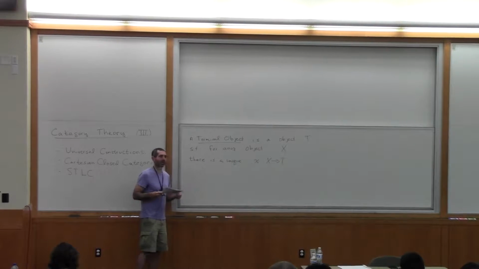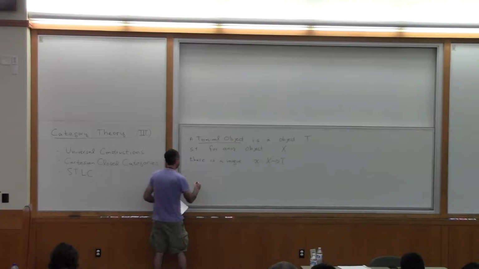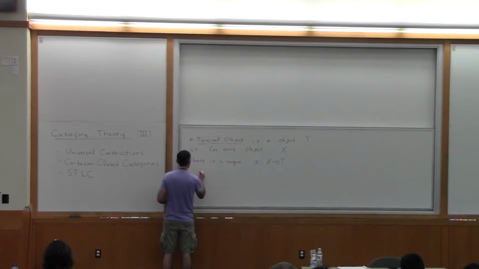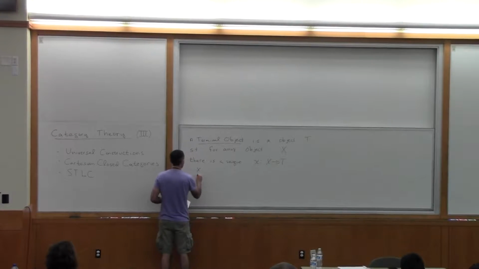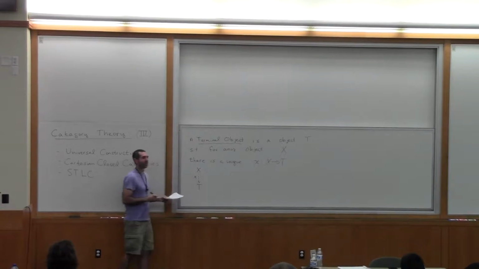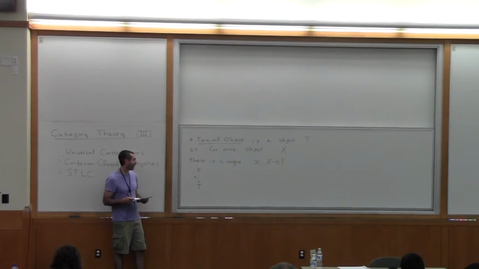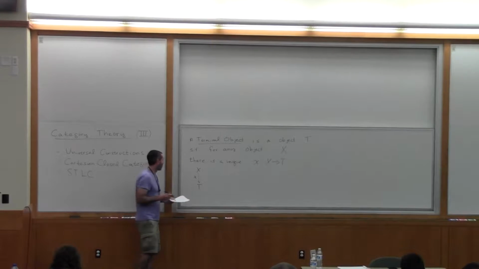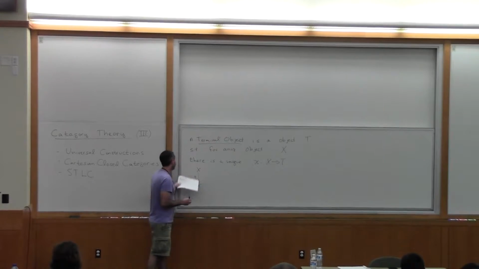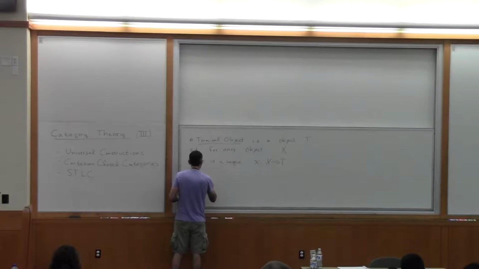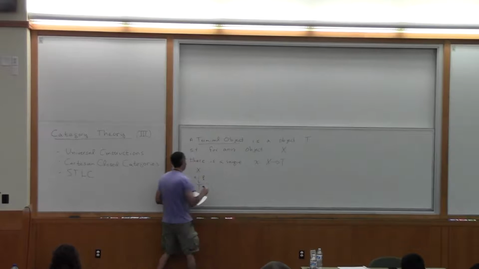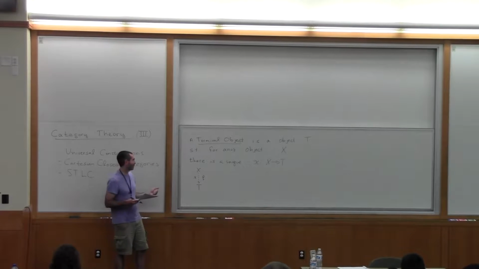Okay, so this is just like what I just described in sets. You can think of this singleton set, this as being any other set, and the unique map as being the constant function that takes the only possible value. Okay? So typically we call this unique map by the name, well, I say bang, and I write it as an exclamation point. The exclamation point is pretty common.